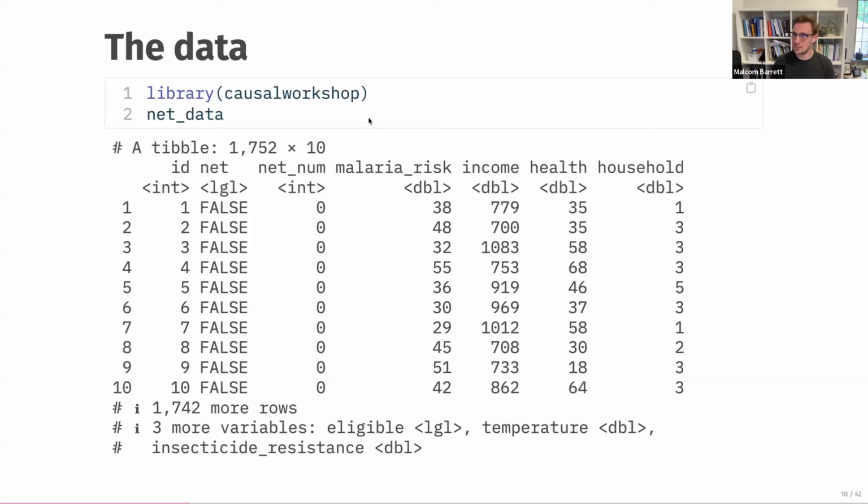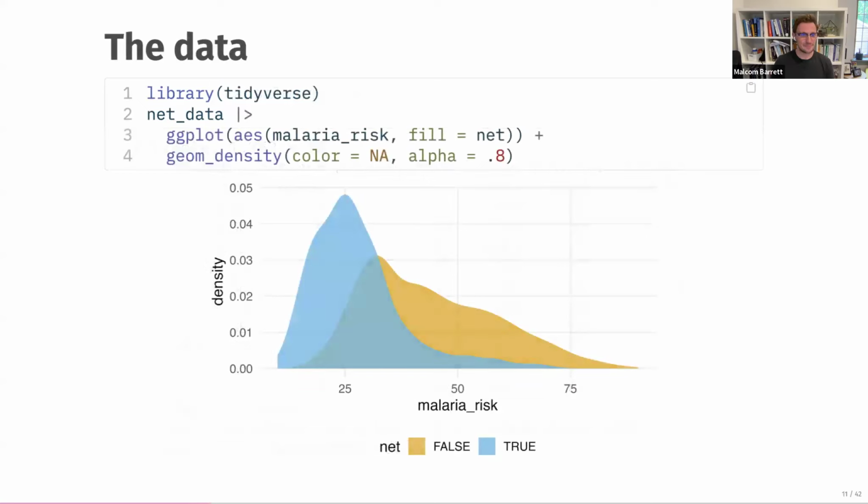So one thing that we could do now is just say, okay, I want to know if there's a statistical relationship between net and malaria risk, and I'm going to just toss all the other variables into a regression model, which may work. Sometimes it does, and it may not. But let's take a little bit of time to do some exploratory analysis of this data.